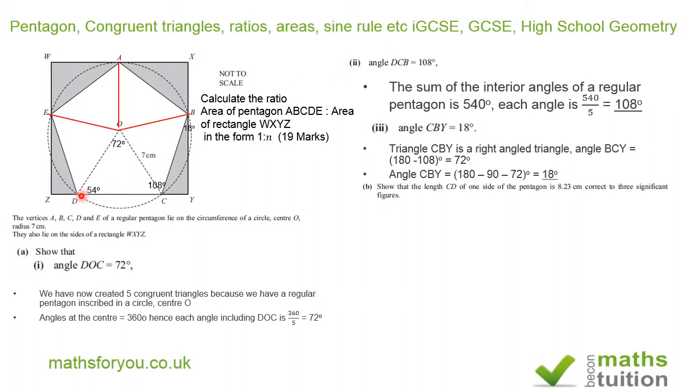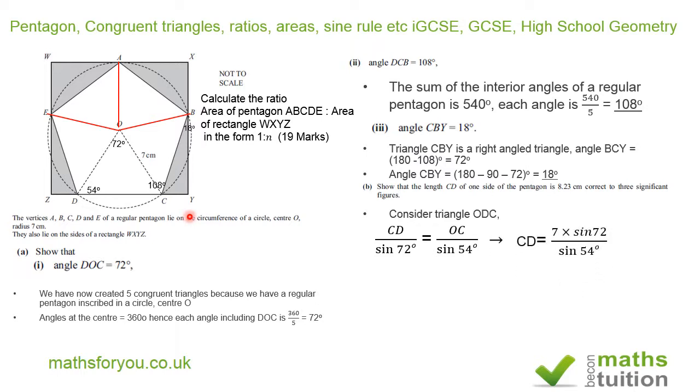Now, we need to apply the sine rule here. We're looking for this side CD, and the line DC has an angle opposite it, which is 54 degrees. So CD over sine 72 degrees is equal to OC divided by sine 54 degrees, and OC is 7 centimeters.